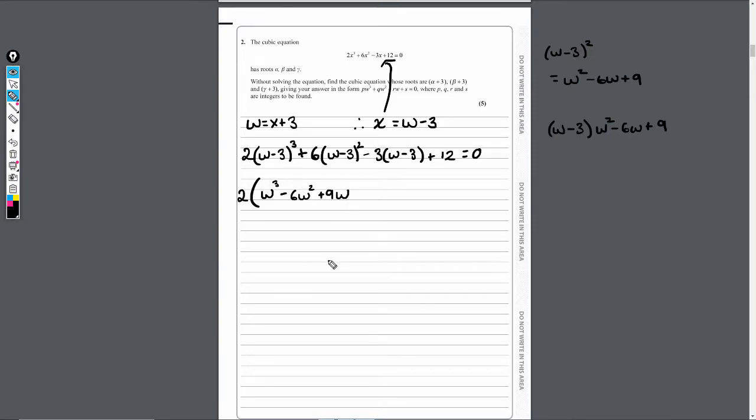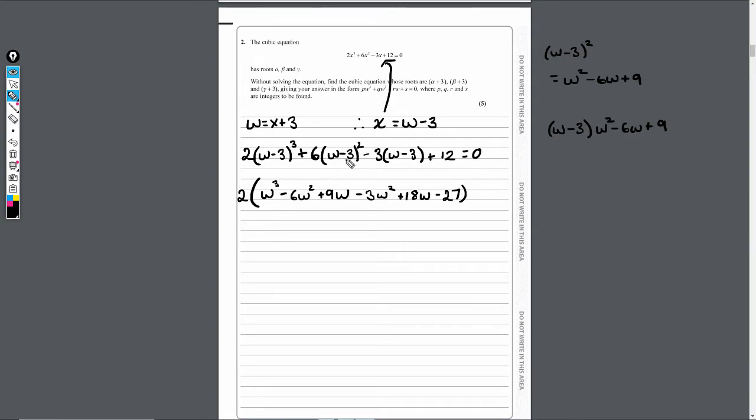Then minus 3 times w squared, that'll be minus 3w squared. Minus 3 times minus 6w, that'll be plus 18w. And minus 3 times 9, that'll be minus 27. All of that will be times by 2, because that's 2 lots of x cubed.